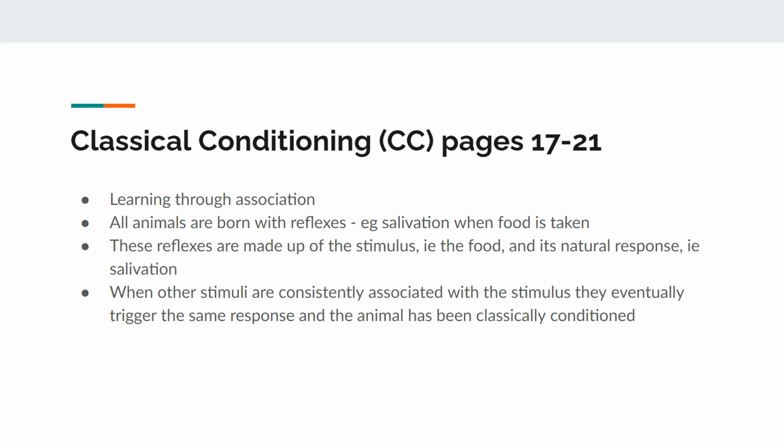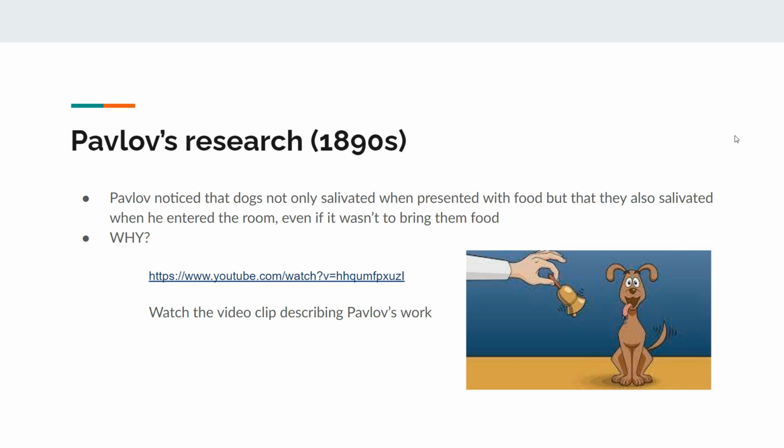The best way of looking at it is by looking at an example, and Pavlov is the man we want to be talking about. He carried out his research in the 1890s, and actually he was interested in digestion, not classical conditioning. He was interested in measuring saliva when dogs were presented with food as a way of understanding digestion more.